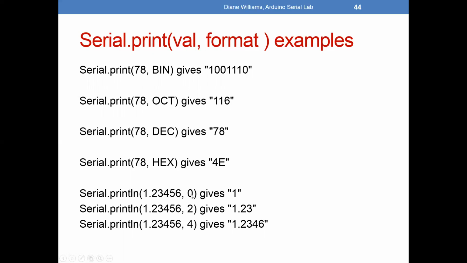With floating point numbers, the second argument is always numeric, and it always indicates the number of decimal places. There's no guarantee that it will round up. Sometimes it does, sometimes it doesn't. That all depends on the way floating point information is handled. So don't believe that it will always round up, because it won't always do that.